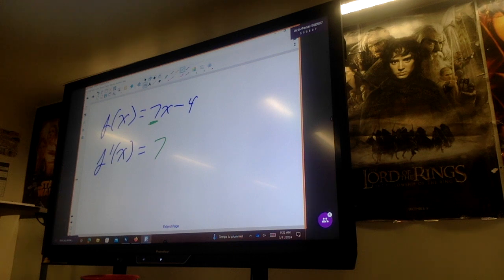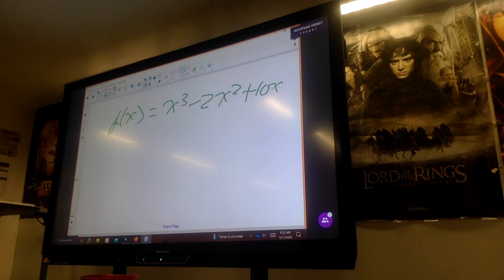What about b at that bottom? It says f of x equals x to the third minus 2x squared plus 10x. What's our derivative going to be? What's the derivative of this? It's x to the second. What comes out front?